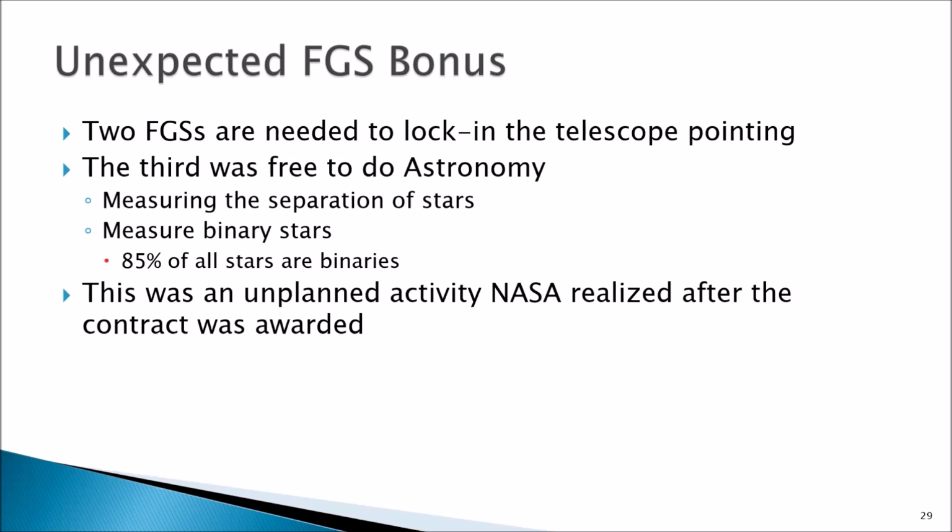And one of the big stars that they wanted to measure were binary. It turns out that 85% of all the stars in the universe are binaries. And the fine guidance sensor could find these and measure how far apart these two stars that are orbiting one another are. It was an unplanned activity. NASA never realized until after the contract was well underway.